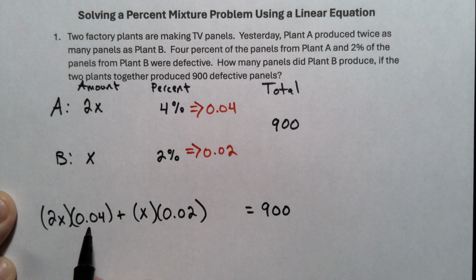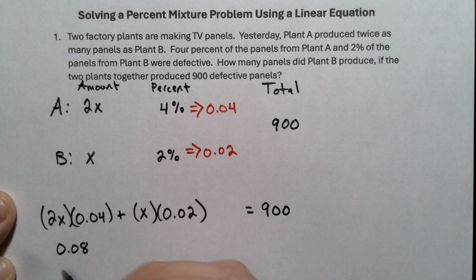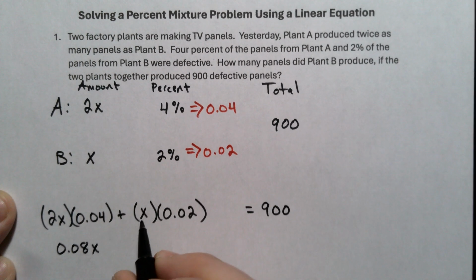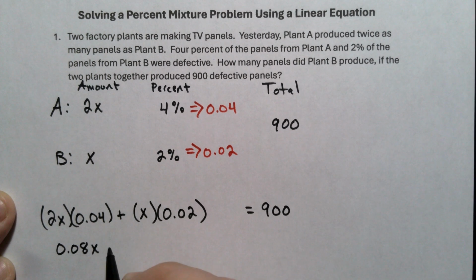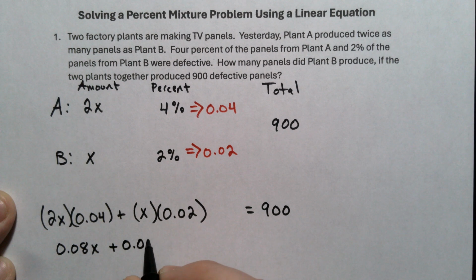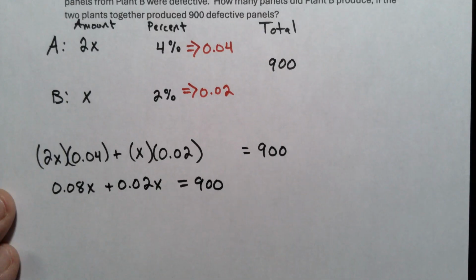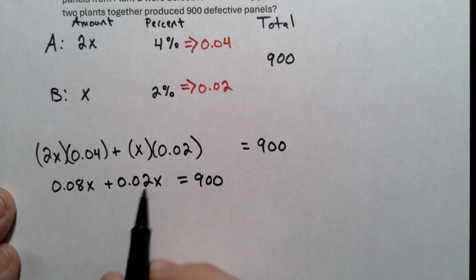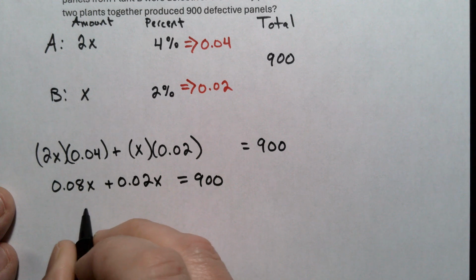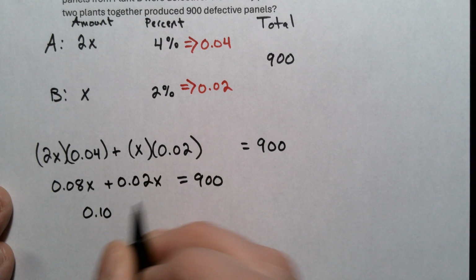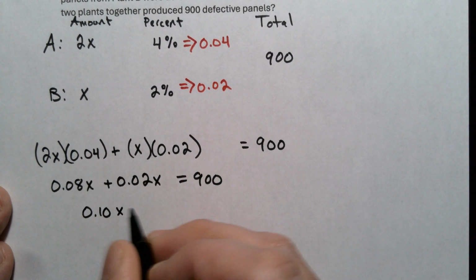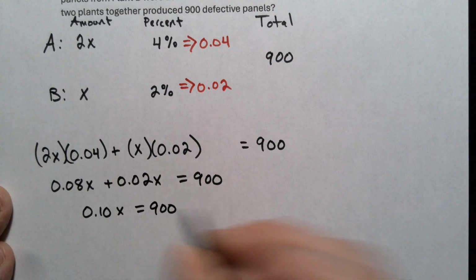So 2 times 0.04 is 0.08x, plus 0.02x equals 900. Combine those two, so 0.08 and 0.02 makes 0.10x equals 900.